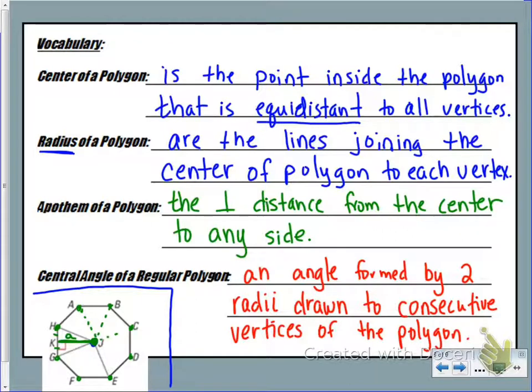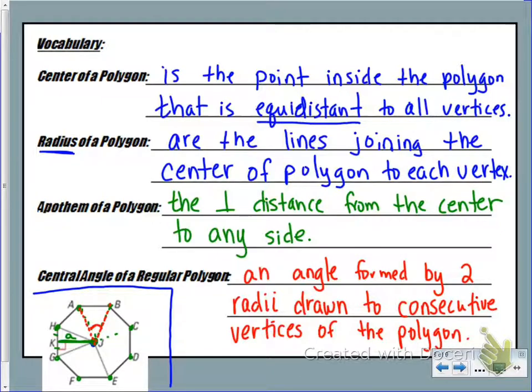So if we look at a central angle, it's an angle formed by two radii drawn to consecutive vertices of the polygon. What we said before, an example of a radii would be AJ or BJ. So this is the central angle that we're talking about.